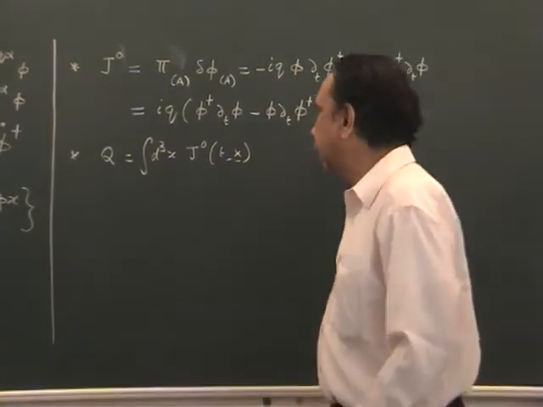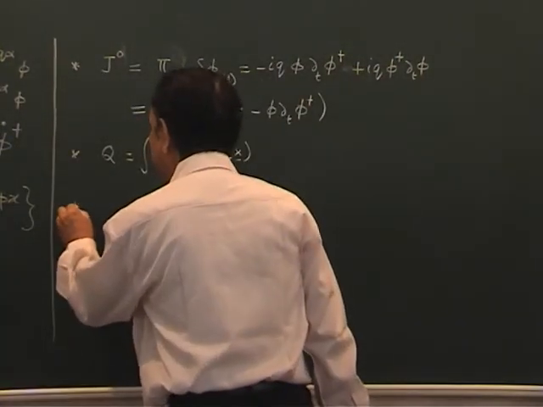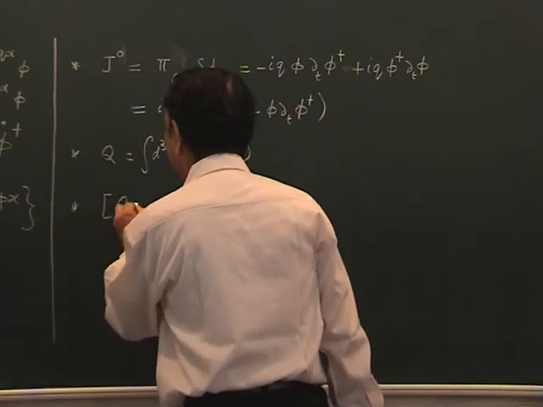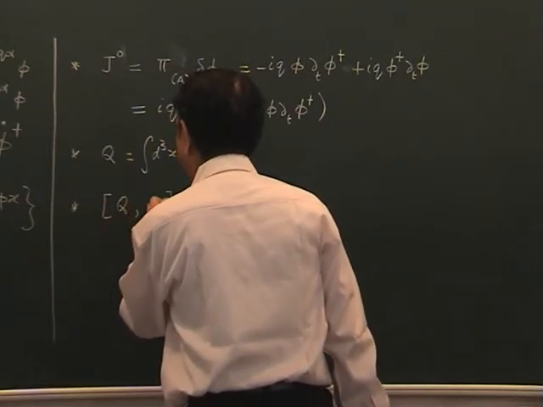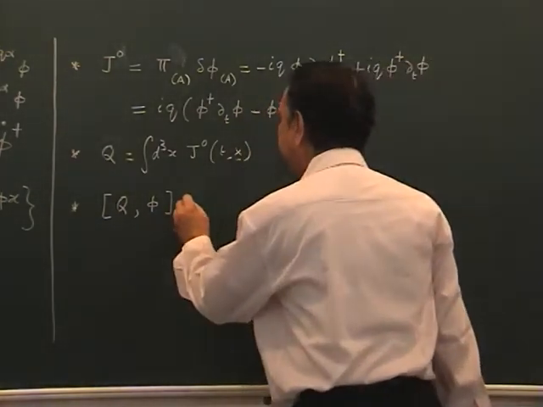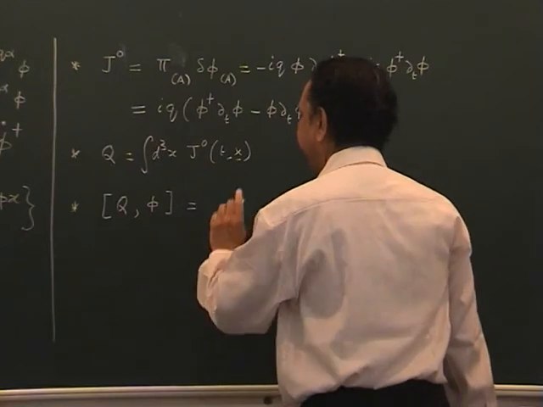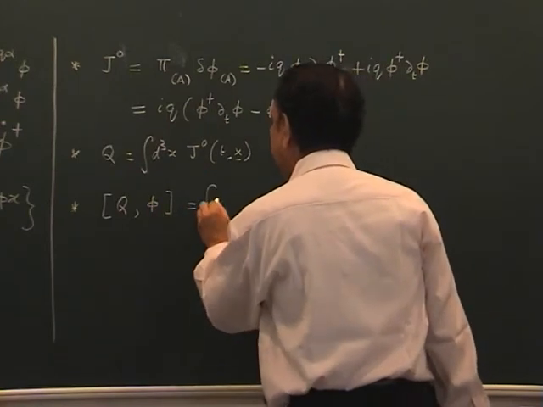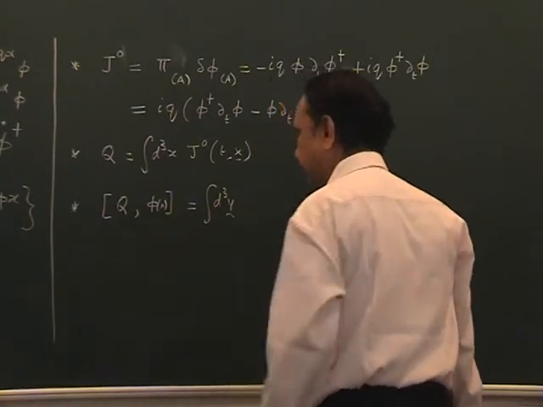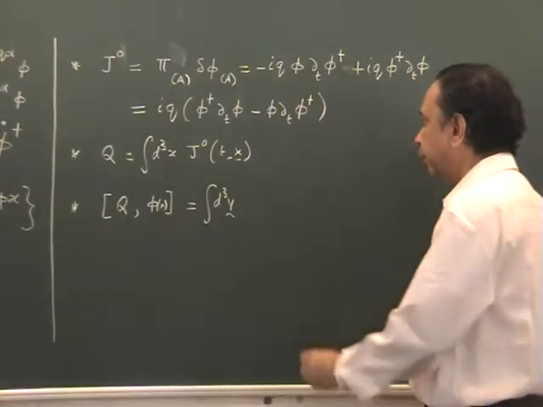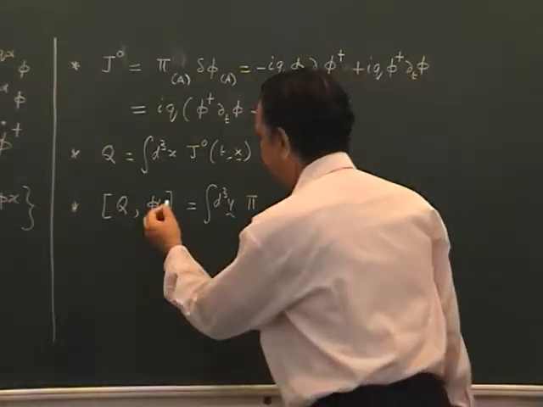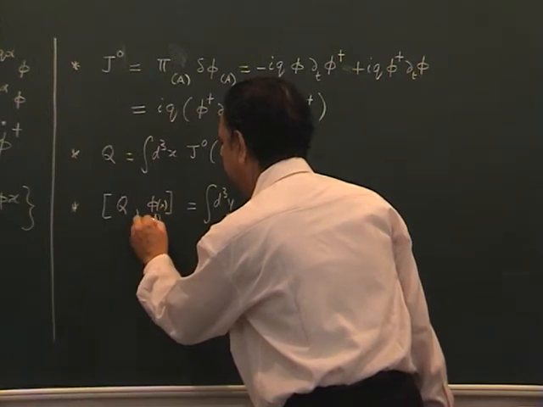The first thing is, suppose you compute the commutator of, let us say, Q and phi. Okay, that is going to be, if Q is going to be an integral, let us take it as d3y now, because I would like to keep phi at x. d3y, the pi for that field, and in fact I can even put some index here.